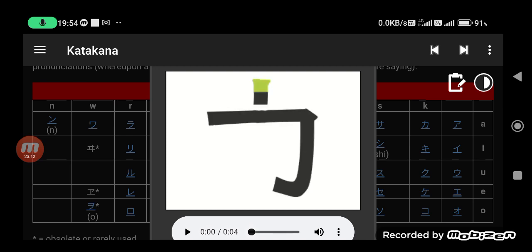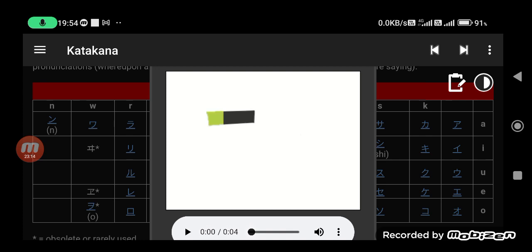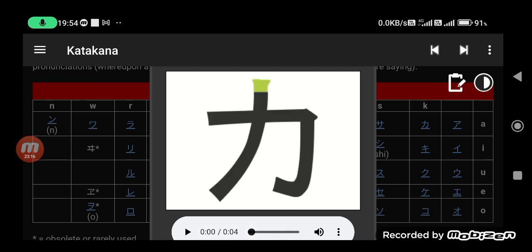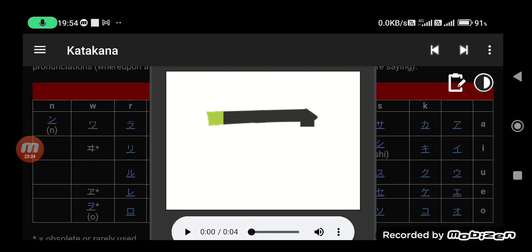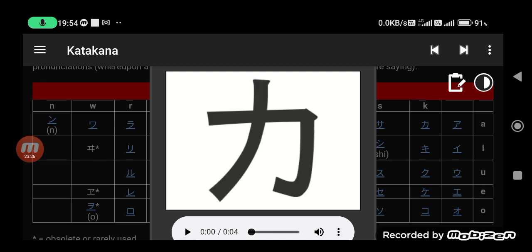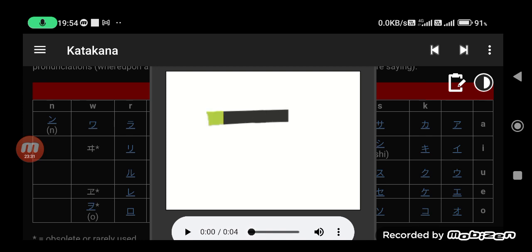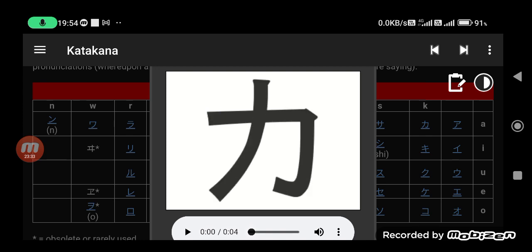But please make a slight difference between the katakana ka and the kanji for strength. This is ka. Please take note of the details. Okay, you see that vertical arc is the second stroke. It's only two strokes.